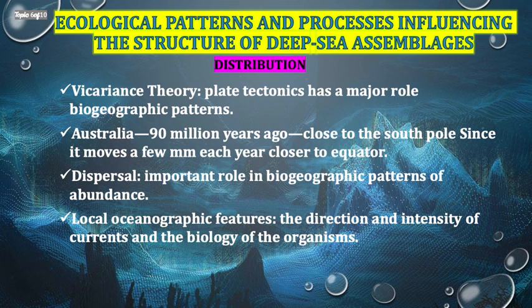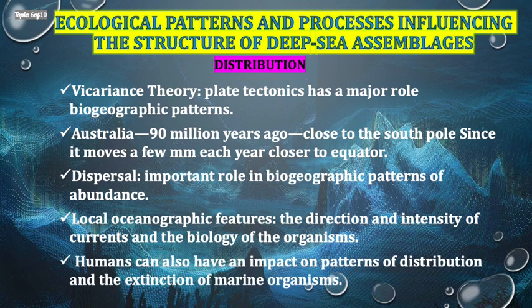Okay, so according to many marine scientists, the importance of dispersal varies with local oceanographic features. For example, the direction and intensity of the currents, as well as the biology of the organisms in that area, could influence the distribution patterns.